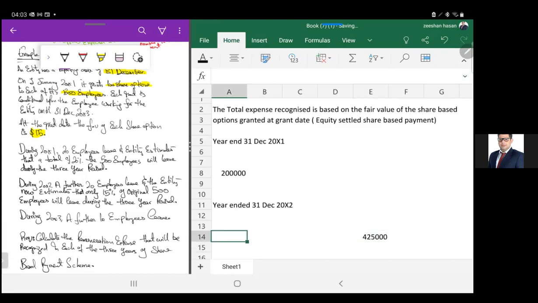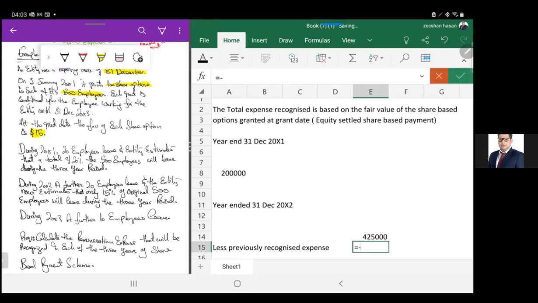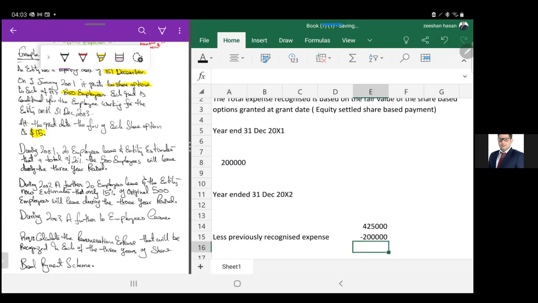Right. Then less previously recognized expense. The previous year expense was, as we can see already, 200,000. Let us link it, is equal to minus, because we have to deduct.